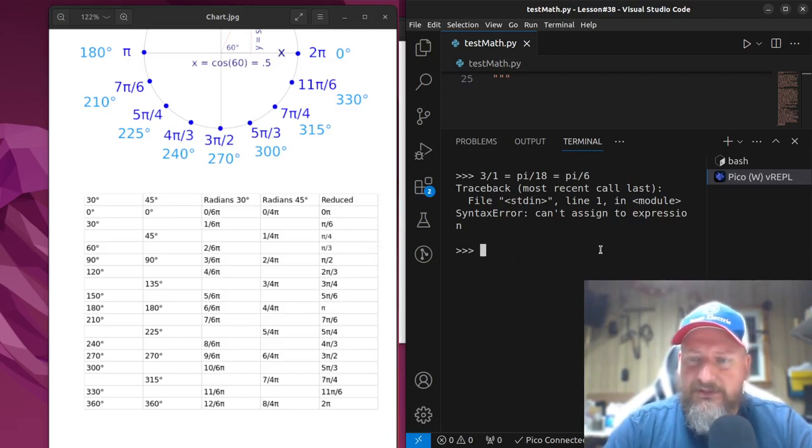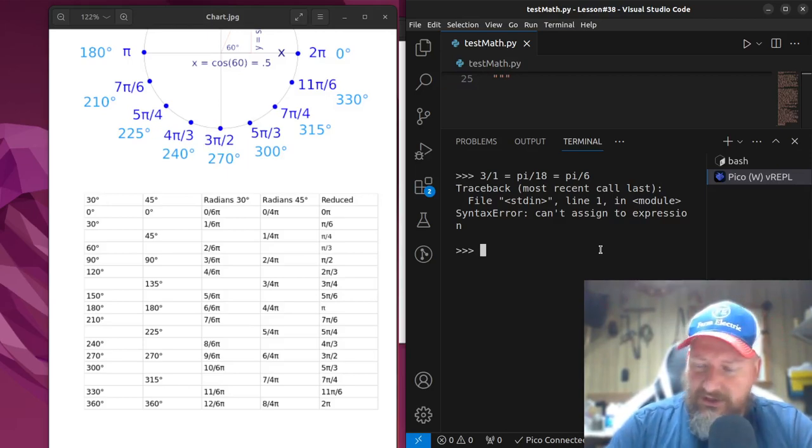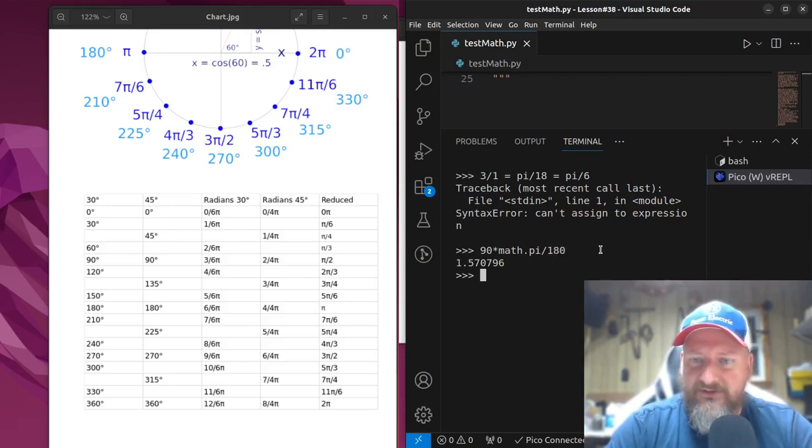All right. Well, there's another way to do this. Instead of writing pi, we actually want to see base 10 digits. We actually want to see digits here instead of a symbol. So let's show another example. We're going to say 90 times math.pi divided by 180, and that's going to give us 1.570796.